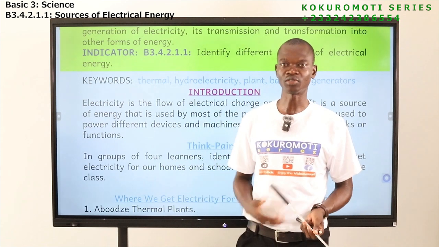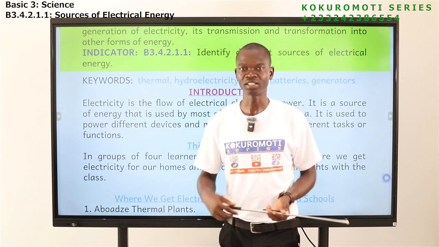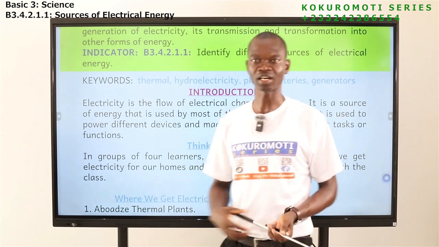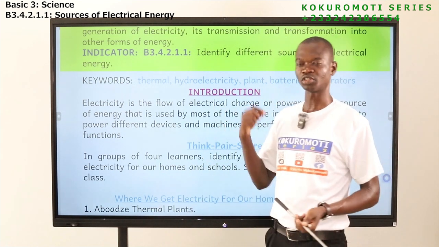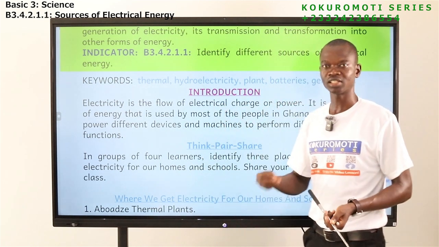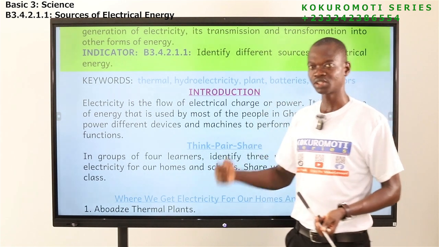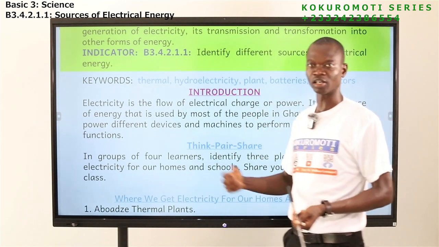The TV set, the radio set, the iron, the fan, the air conditioning, the laptop, your mobile phone, all these things can work if they are powered, and we use electricity to power them.